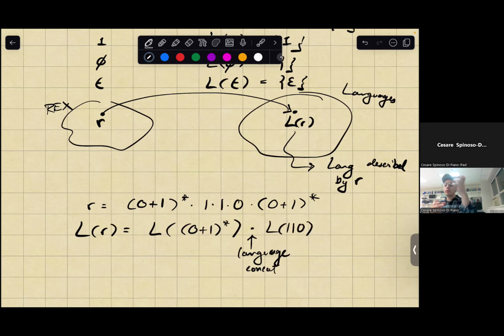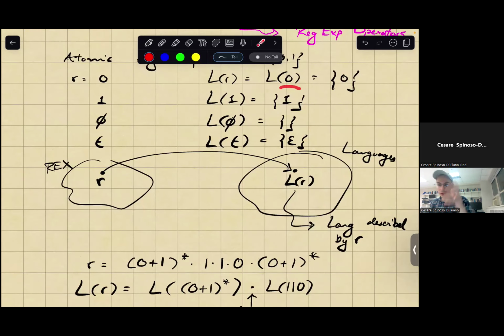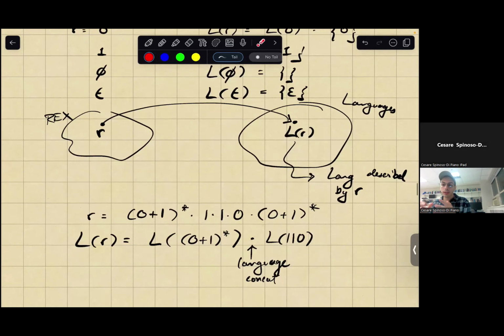Well, that's just L of 1, concat L of 1, concat L of 0. And then we know that L of 0 is the language containing 0, and L of 1 is the language containing 1. So then this just represents 110. And then here I have (0 or 1) star on the right.